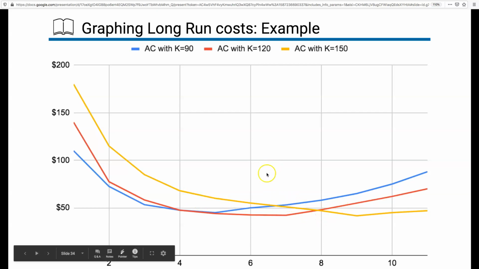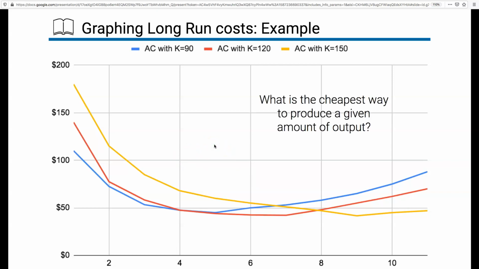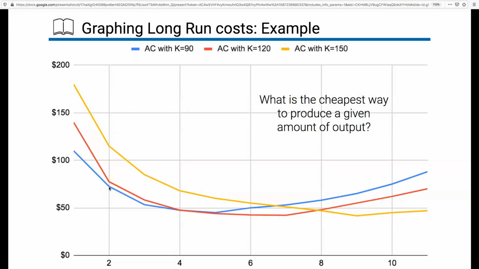How do we get long-run costs from short-run costs? By answering the following question: what is the cheapest way to produce the given amount of output? For example, let's look at this graph. What is the cheapest way to produce 2 units of output? If we use capital 90, we'll be on the blue line, and the cost will be somewhere halfway between 150 and 100. The red line is going to be more expensive. With the yellow line, a capital of 150, it's going to be even more expensive.